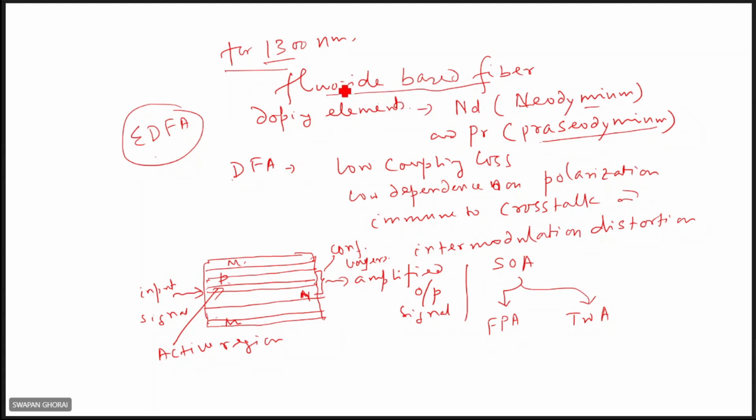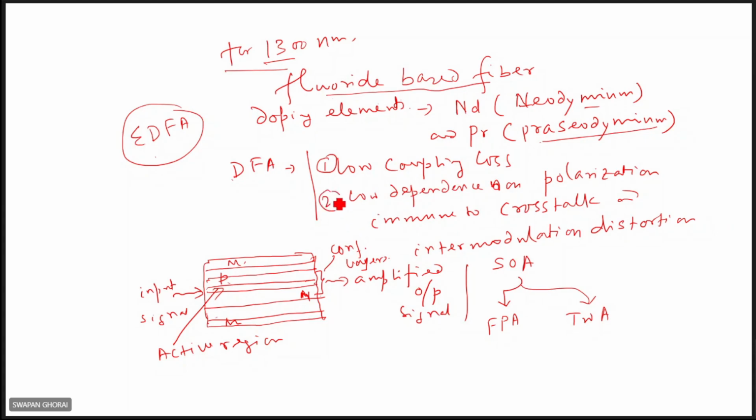Whether it is fluoride based or silica based, the advantage of the doped fiber amplifier is that it has very low coupling loss. That is because it is a kind of fiber, so coupling loss will be minimum.